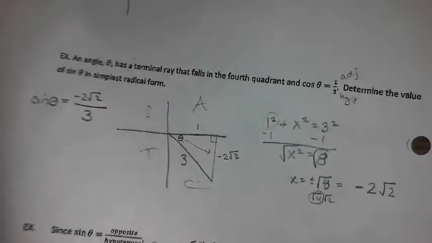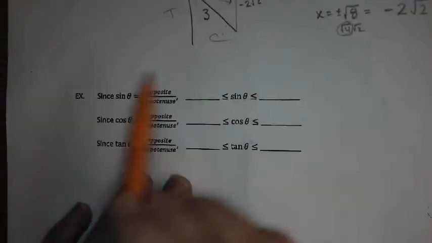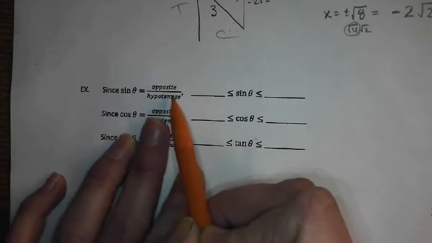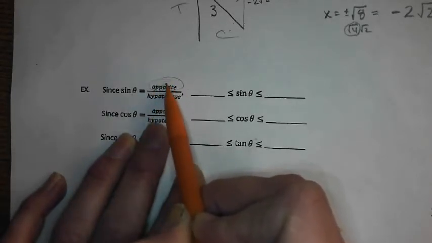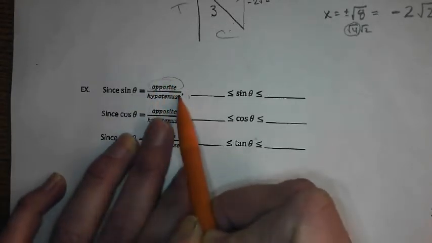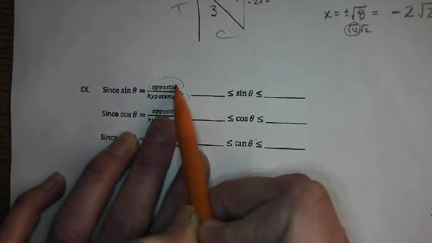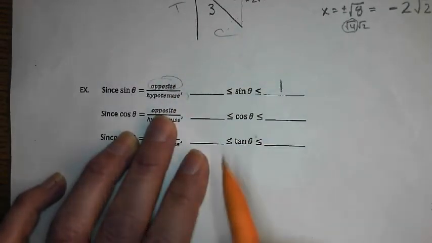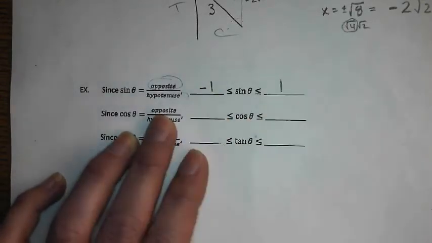All right. And then last thing, just to reiterate, I presented this yesterday, but in a different way. Since the sine is the opposite over the hypotenuse, isn't the numerator always smaller than the hypotenuse? So a smaller number over a bigger number is always less than or equal to 1 or greater than or equal to negative 1.